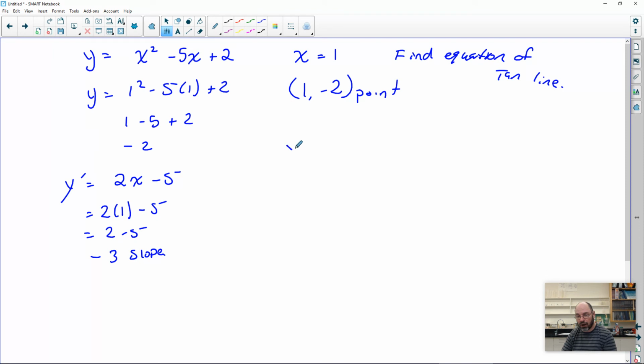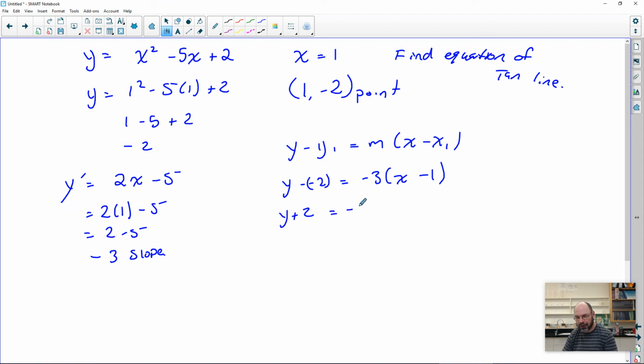So now we're going to go y minus y1 equals m times x minus x1. Okay, let's plug in our point. So y minus negative 2 equals negative 3 times x minus 1. Okay, so y plus 2 equals negative 3x plus 3.